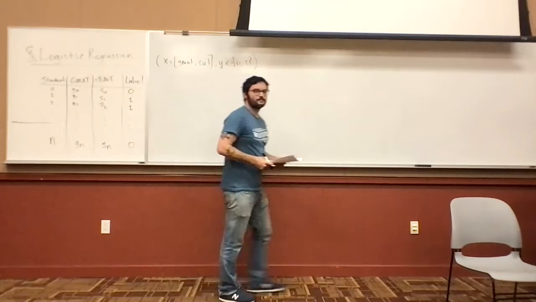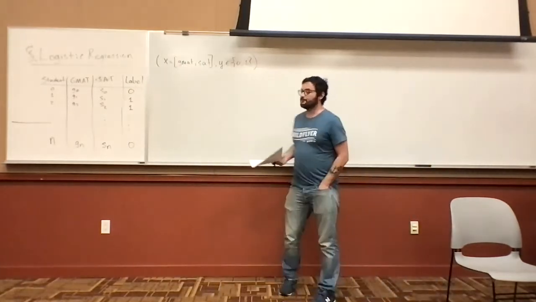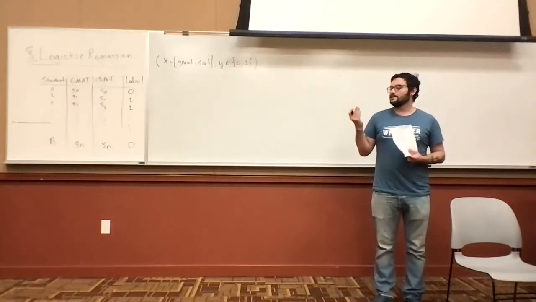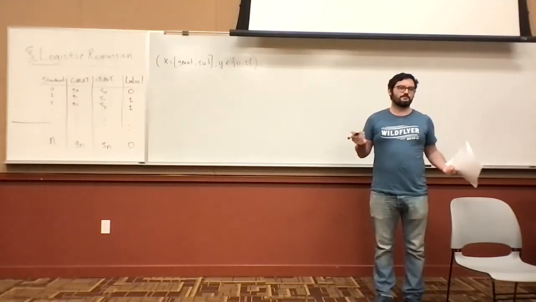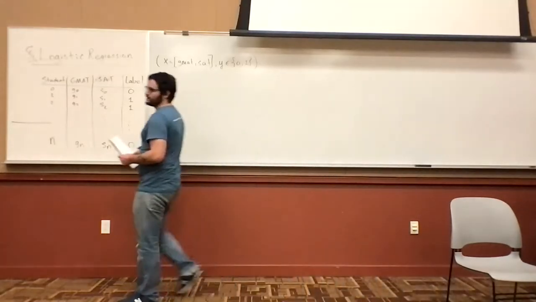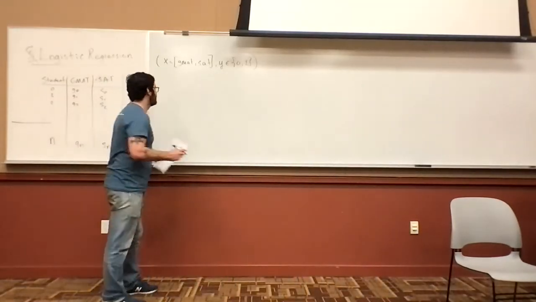Okay, so that's what our data looks like. So let's formulate this in a similar manner to what we did with the perceptron and with linear regression. Let's formulate this as a simple, shallow neural network.